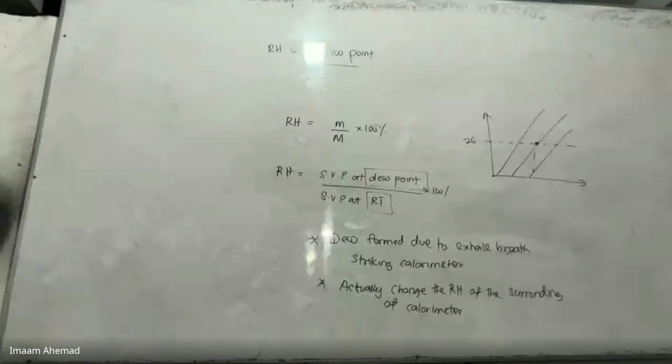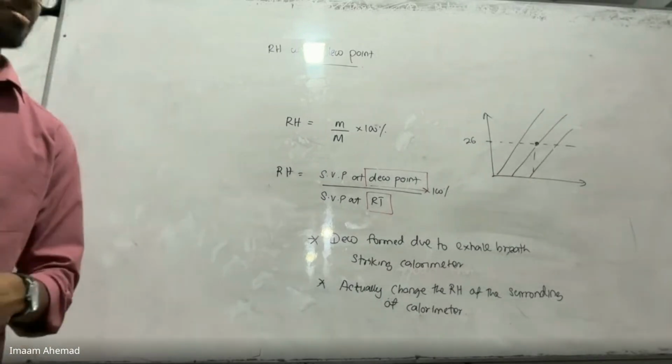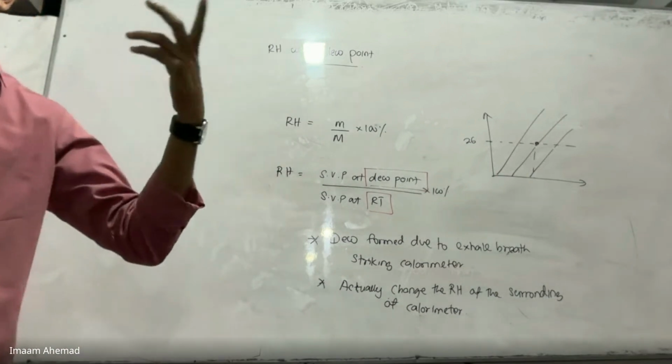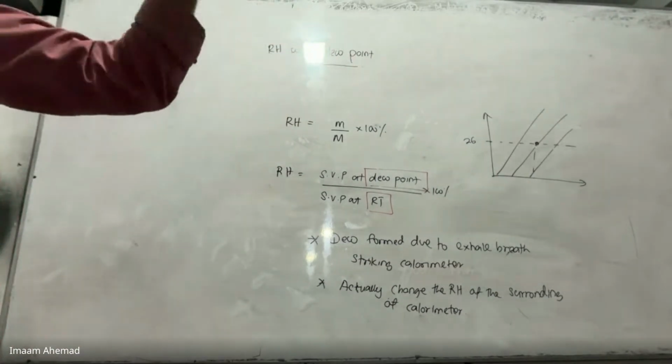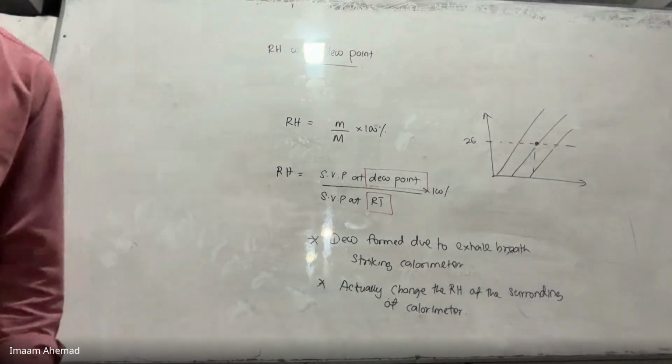At 80%, right? 80% is crossing 30 and 26. So the RH is 80%.